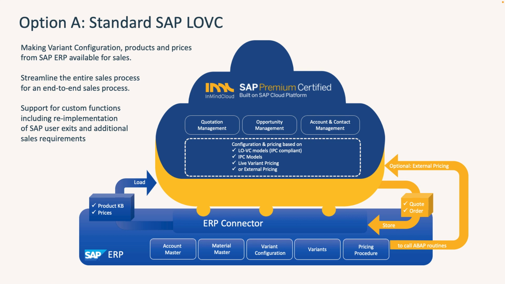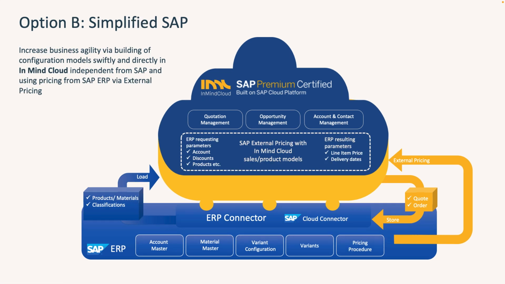For the standard LOVC variant configuration models, we would directly use the variant configuration from SAP, run it in our systems, replicate the material master, the variants, which are actually pre-configured products, and the pricing procedure, and run it on our side. We also have the option to run configuration on our side with SAP materials.